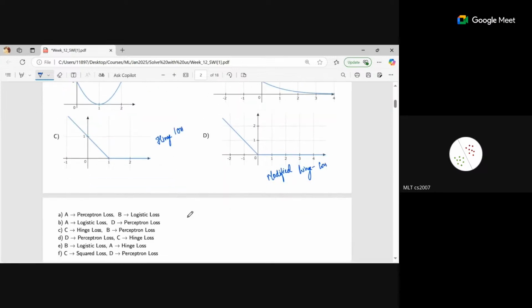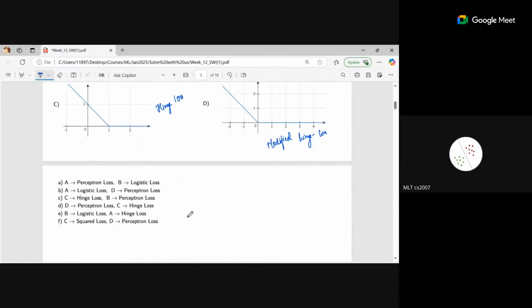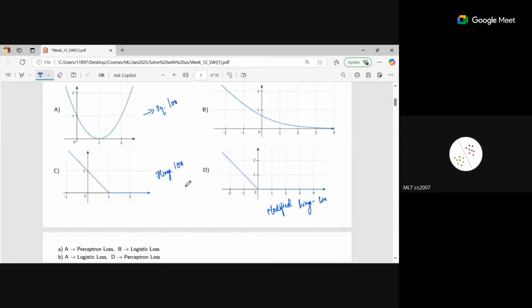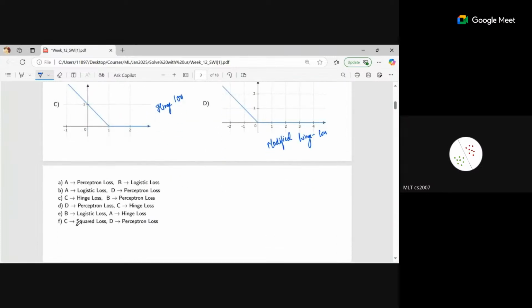Now moving to the next part. So yes, this is correct. First is the squared loss. The last option is not given.